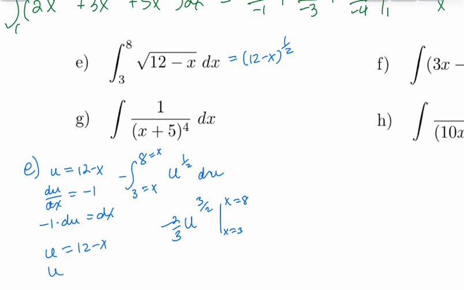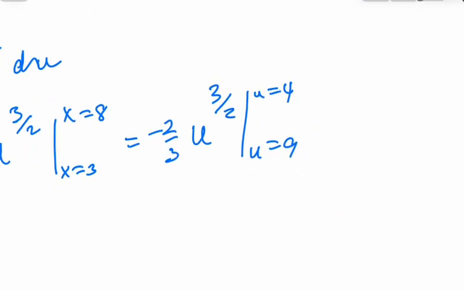So if x is 8, we get 4. If x is 3, we get 9. So we can change those boundaries so we never have to deal with x's again. That's one great thing about u substitution for a definite integral: the numbers, we can change them to u's and never have to deal with those again.